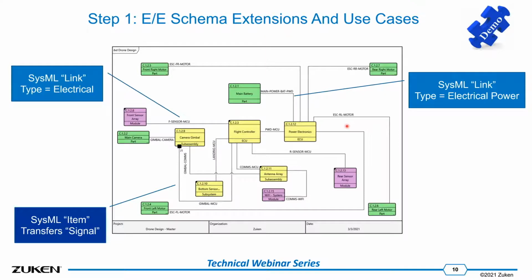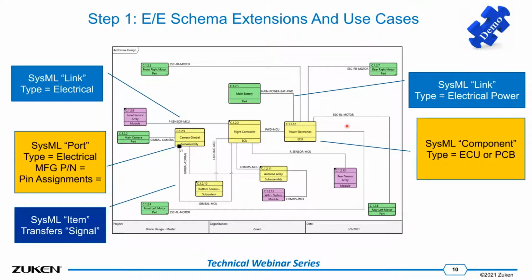The model also must clearly identify and differentiate between systems like an ECU or a PCB or a part, or even talk about something as simple as a camera that might have a connector already and it's established the part number. How do we tell that to the systems engineer? How does the system engineer tell that to the detailed wire harness designer?